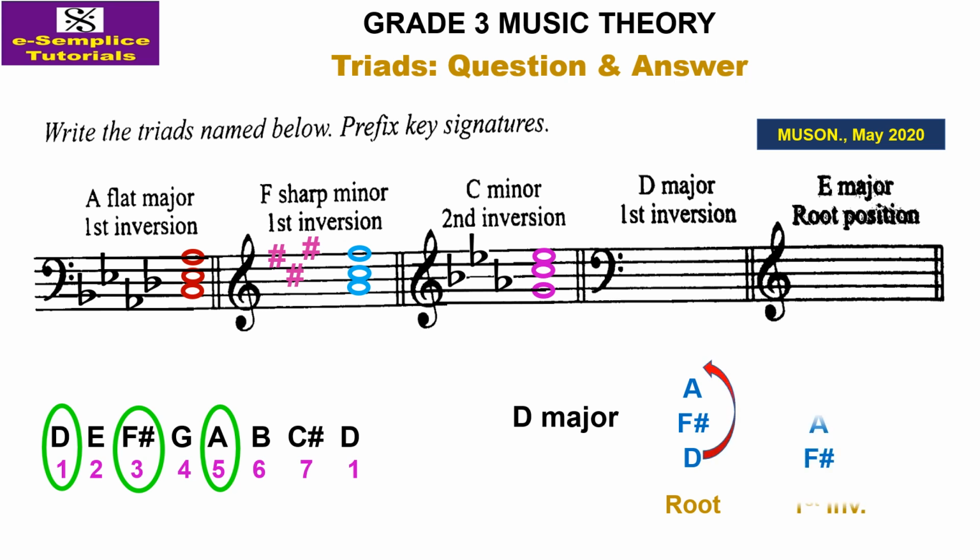D goes up, we now have F sharp down. Let's write the key signature of D major. That is F sharp and C sharp. Let's stack our first inversion triad. F sharp first, A, then D.